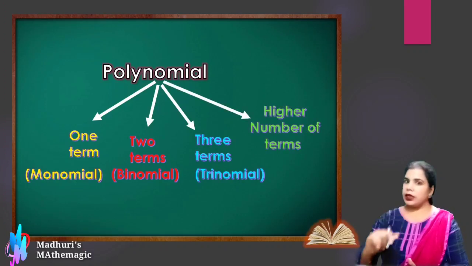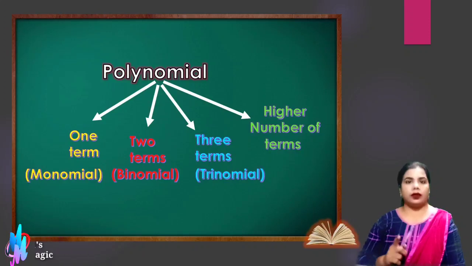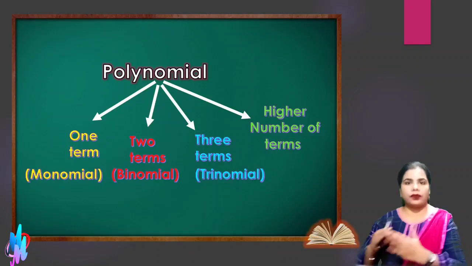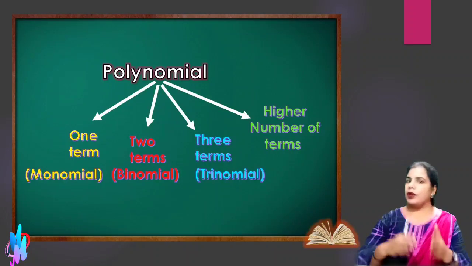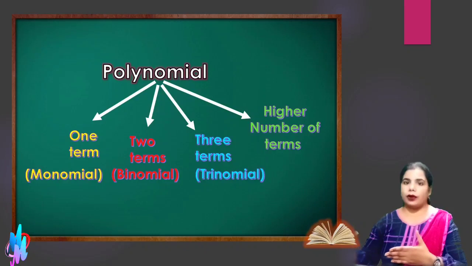Tri means three. And if higher number of terms are there, means more than three terms are there, then it is known as polynomial only. Understood? So are you getting this one? So depending on the number of terms, the polynomials are named here. Now let's take some examples of monomial, binomial, trinomial and polynomial.